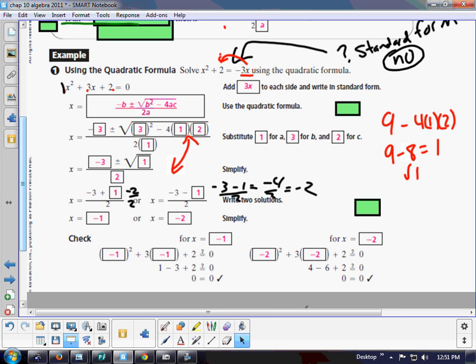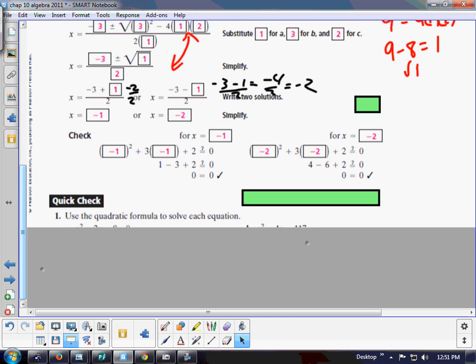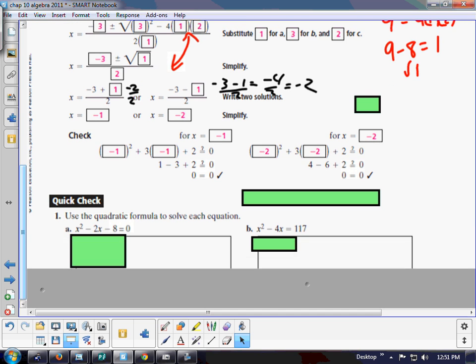But we're going to do a separate one, 4B in the check. I would suggest do it on a separate sheet of paper because it takes space. You could do it in your book, but I would do it on a separate sheet of paper for starters.